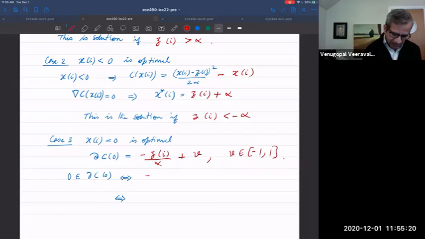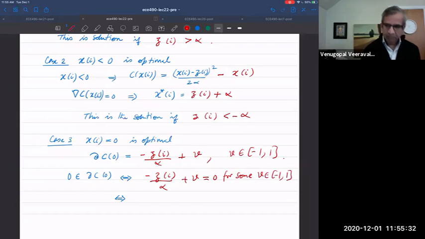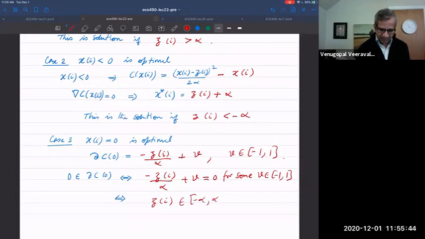This means that minus zi over alpha plus v must equal 0 for some v, but this can happen if and only if zi belongs to the interval minus alpha to alpha.